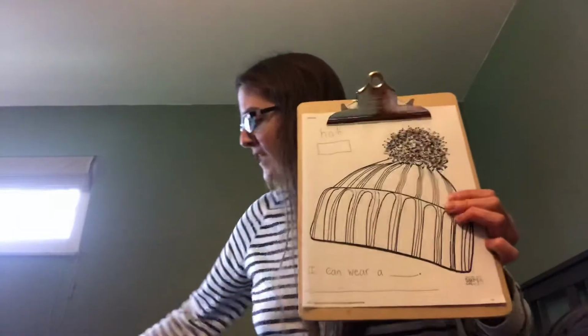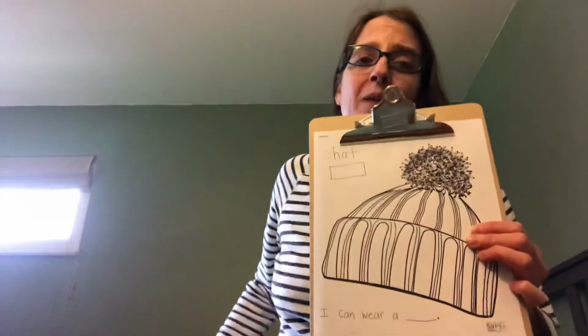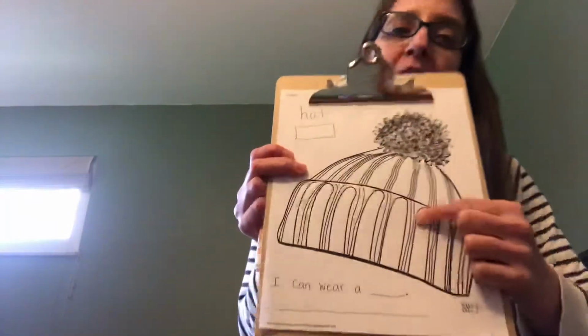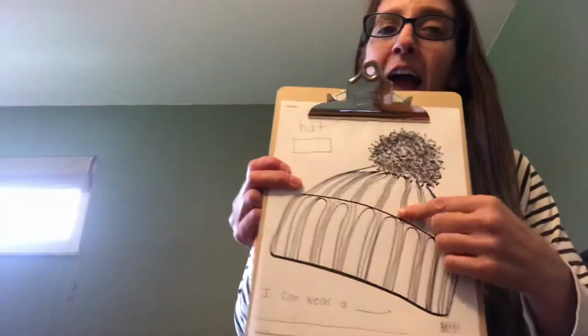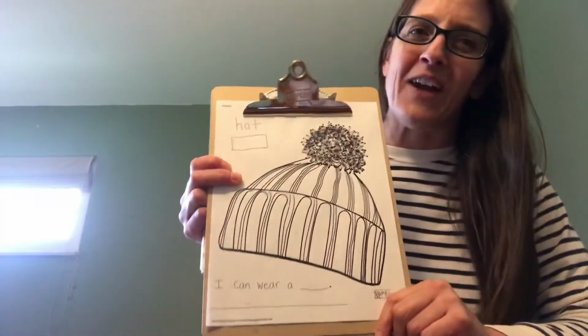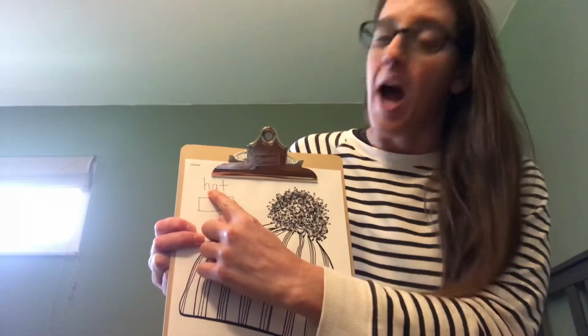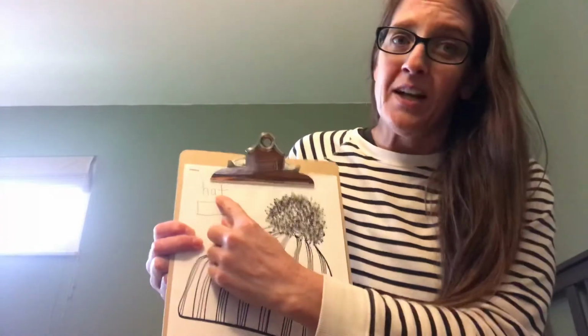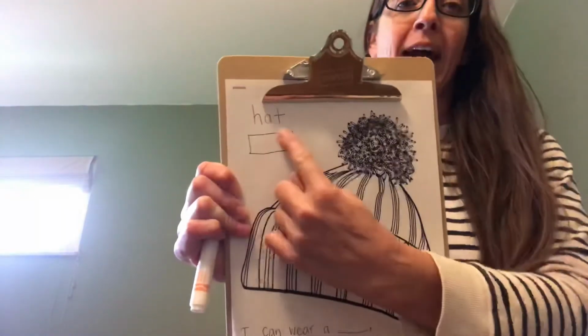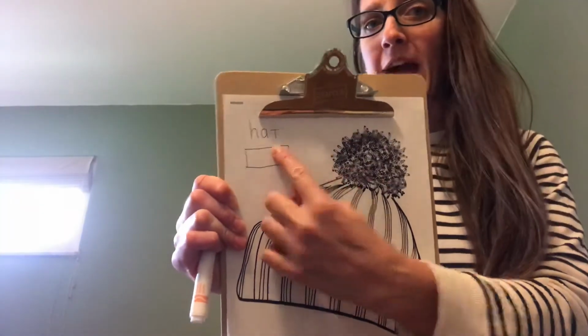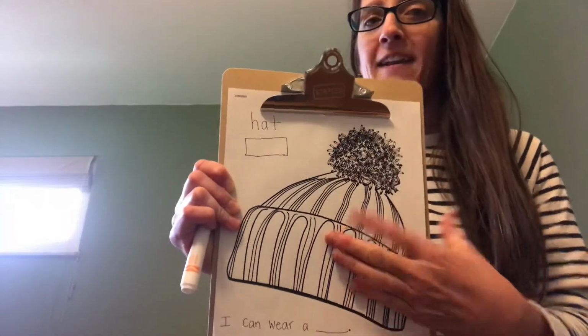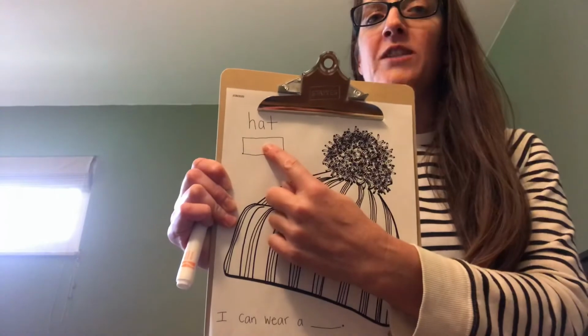Let's look at the second part of our activity. On this part of the activity, what I'm doing is I'm taking a coloring sheet where I can color this winter hat any color or variety of colors that I want. I made a model of the word hat at the top. What you're going to be doing is you're going to write the word hat, or have your grown-up write the word hat if you're using a picture of a hat, and then I want you to fit all of those letters inside this box.